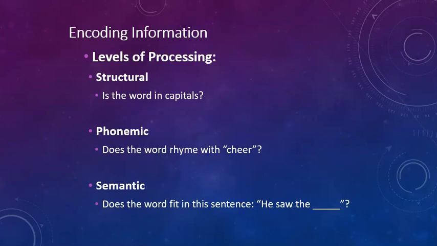The next one would be phonemic. This is encoding words at an intermediate level, in between structure and the last one, semantic. An example of phonemic would be words that rhyme together. Does the word rhyme with cheer? Or does the word rhyme with yellow? That kind of thing.